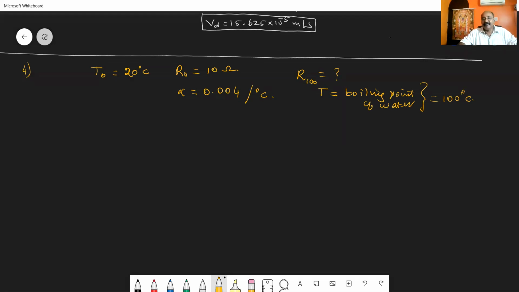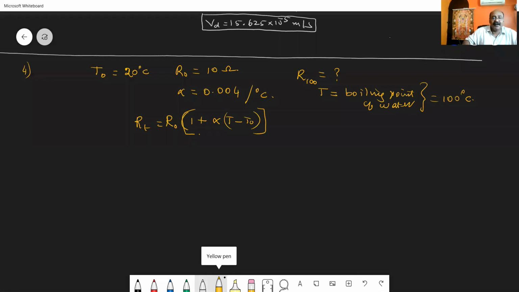How to calculate? We know the formula RT equal to R0 into 1 plus alpha into T minus T0. We have studied this formula, isn't it? So substitute in this formula and get the answer.